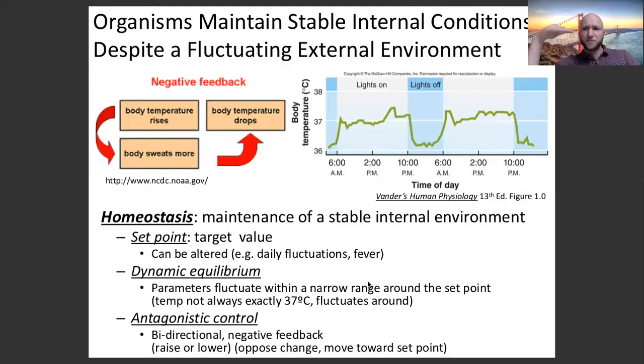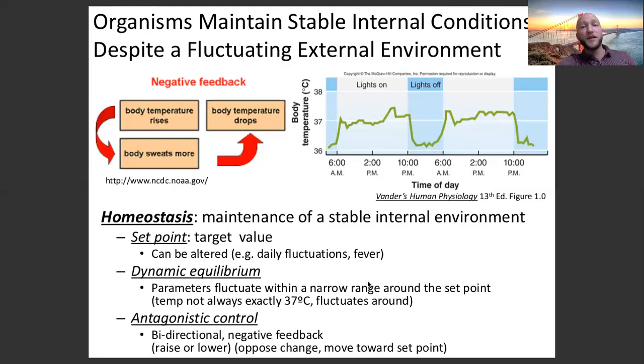So if you want to have your water bath right at 50 degrees Celsius and you put ice in and it starts to drop down below 50 degrees Celsius, negative feedback is going to resist that change and bring the temperature back up.